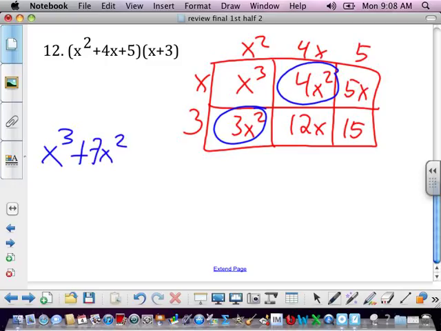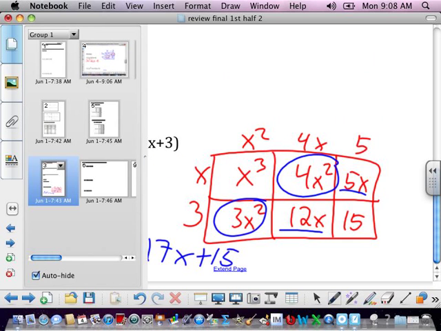Is there anything that has just an x next to it? 12 and 5, so we add them together, we get? 17. And then 15 is by itself. Questions about this? Good? All right, let's move on to the next one.